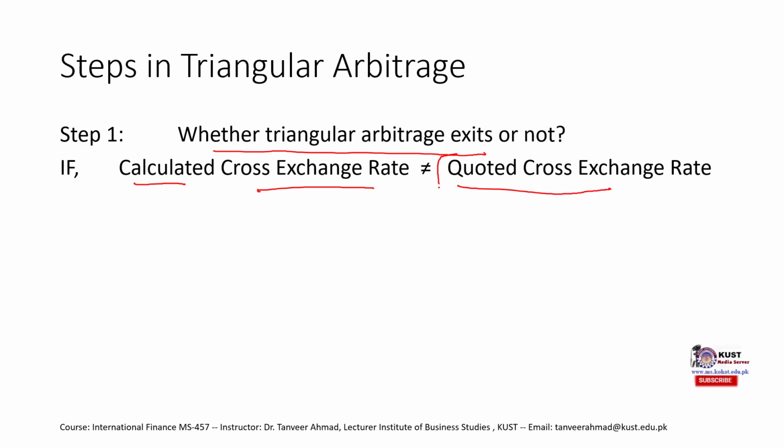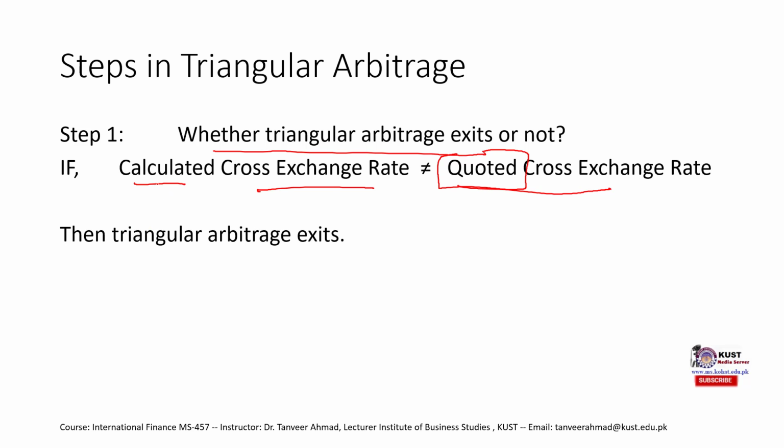Now we already have the quoted cross exchange rate. The quoted cross exchange rate is the rate mentioned in the previous slide. But we need to calculate, obviously, the calculated cross exchange rate.